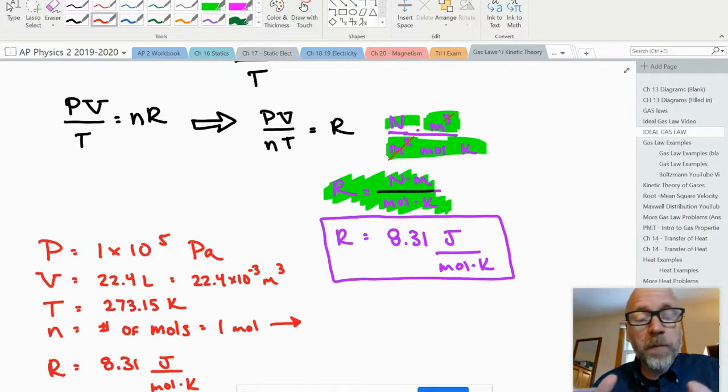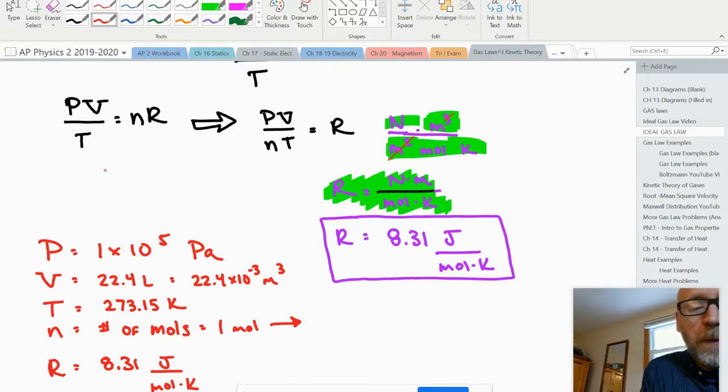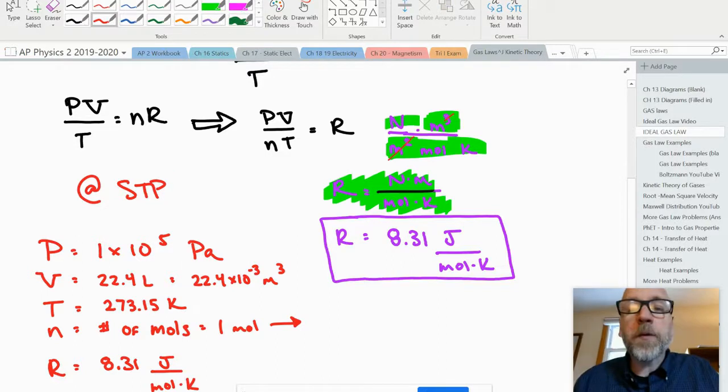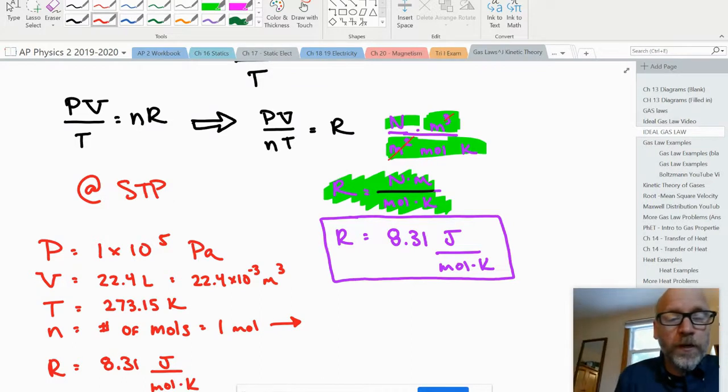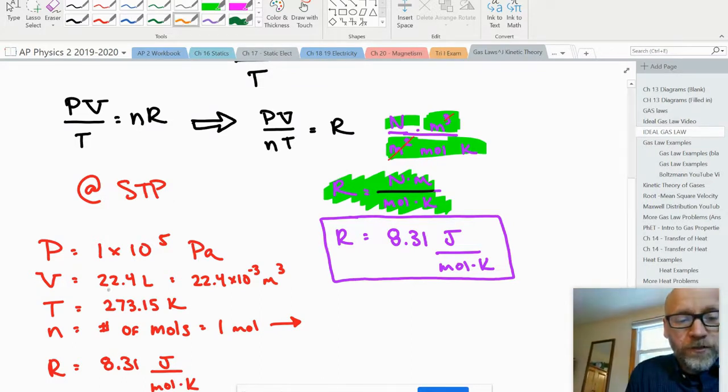Now, the actual number is 1.01 something times 10 to the 5th. But at STP, we're going to let pressure be 1 times 10 to the 5th. Now, it is known that the volume for 1 mole of gas at STP is 22.4 liters.